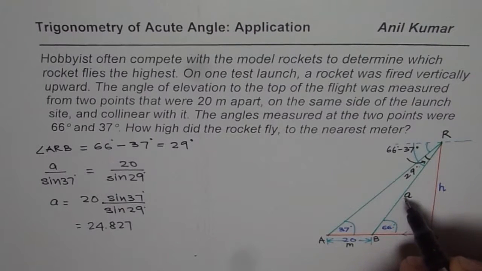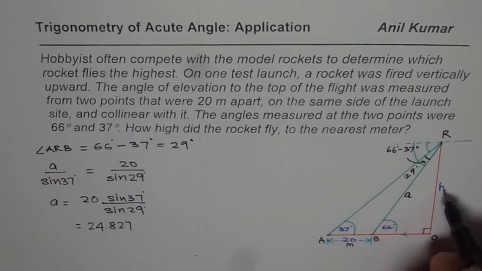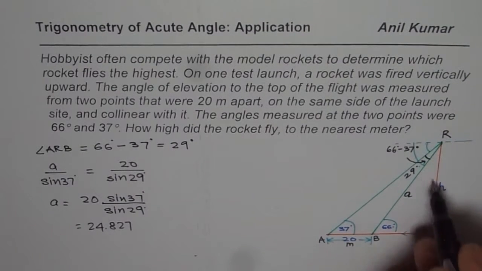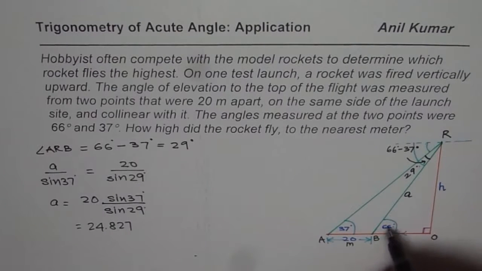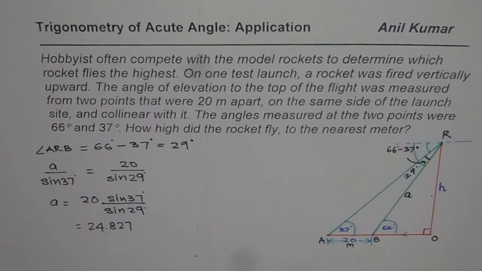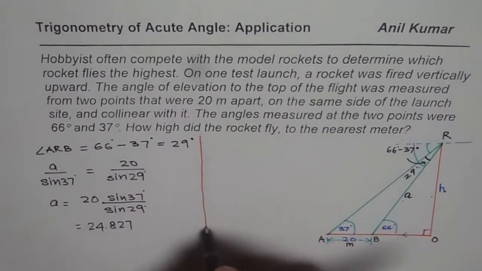Since we have the value of a, we can actually solve for h, right? So we know the angle. Now in this particular triangle, we are interested in the opposite side, and we know the hypotenuse. Therefore, which sine ratio should we use? We should use sine of 66, correct? So let us use sine of 66 and find the value of height.